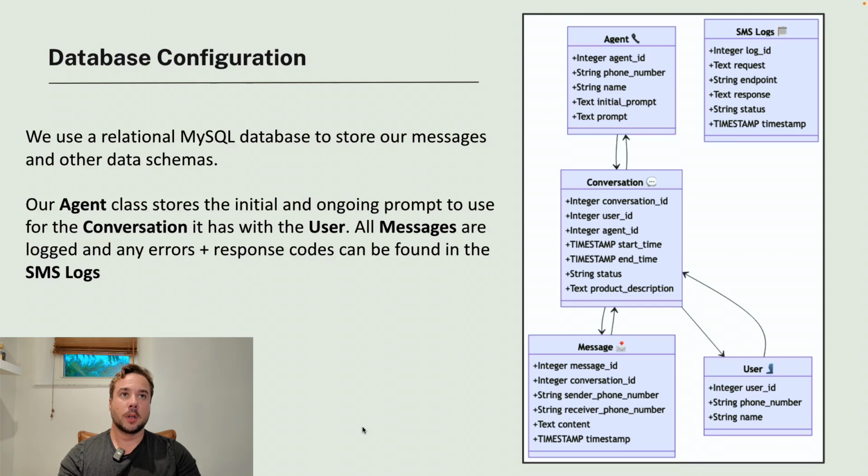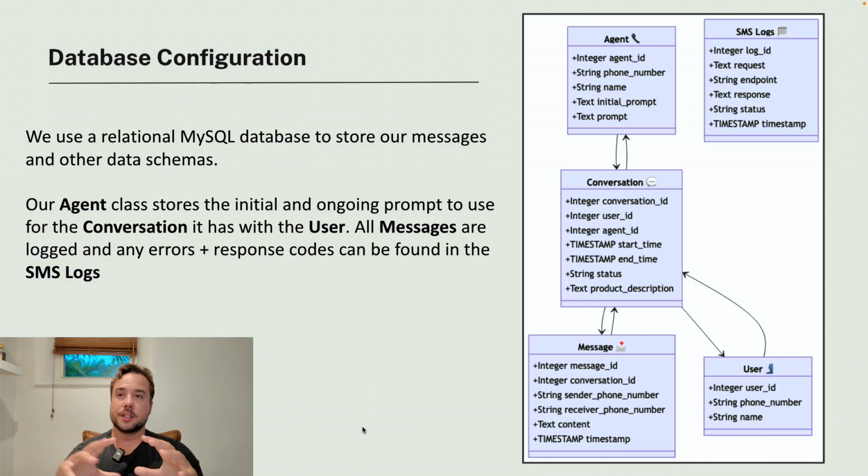Basically, we do have an agent class that stores the initial and ongoing prompt that I mentioned before, as well as the agent phone number, and it uses that for the conversation that it has with the user. And then every message, outbound or inbound, is logged in the message table, and any errors or response codes are logged in the SMS logs table.